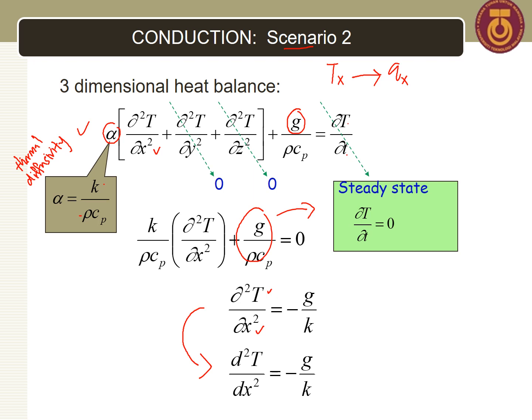So the partial differential equation can now be simplified to an ordinary differential equation, so the partial part now becomes d2T over dx2. Our derivation will start from this simplified equation after considering all the assumptions.